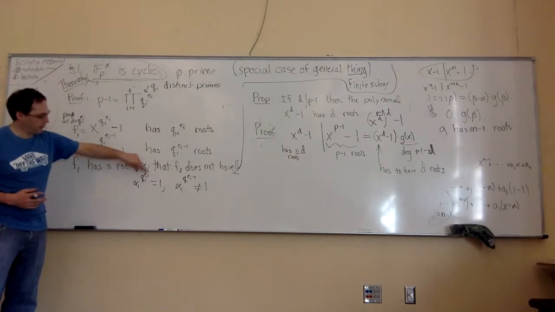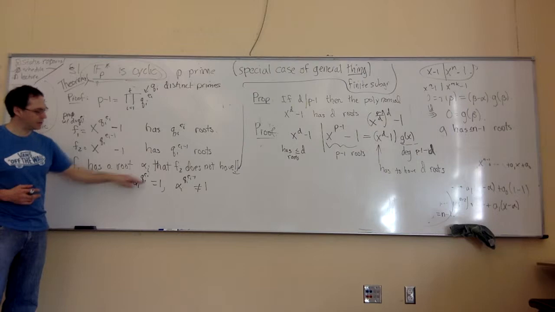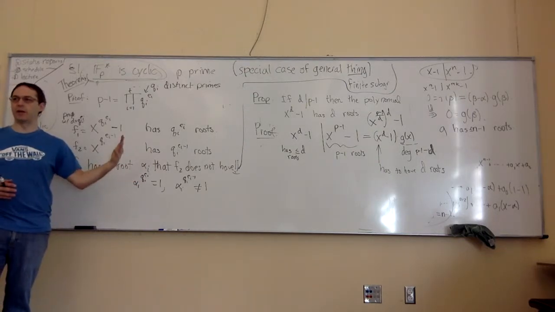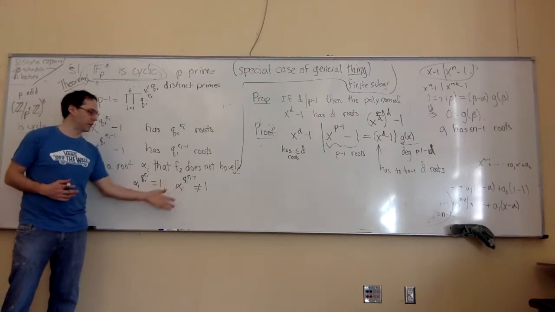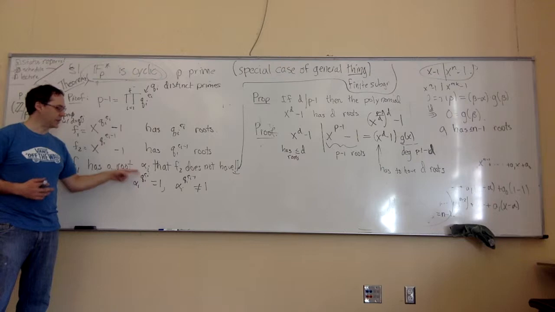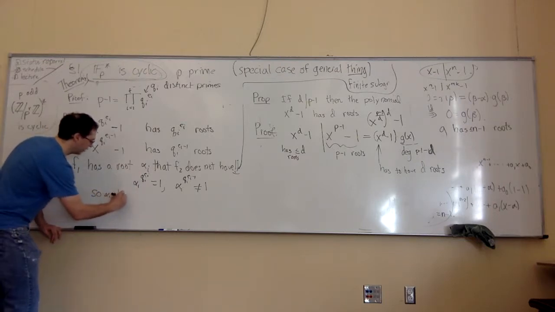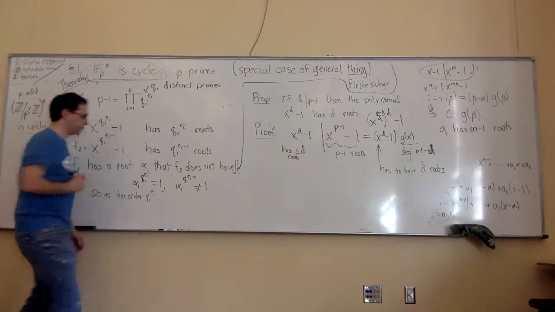Because if any power of your element gives you 1, then the multiplicative order has to be a divisor of that power, and the divisors of q_i to the e_i are exactly the powers of q_i. And if you go down even 1, you don't get 1 when you raise to that power. So alpha_i has order q_i to the e_i.